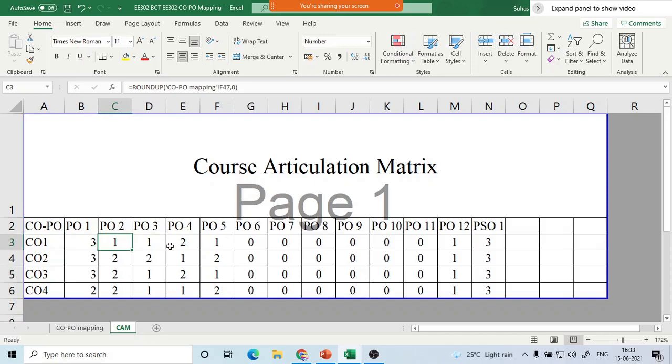Then we can create an entire matrix. This is what is called a course articulation matrix. Once you create this course articulation matrix, you know that my course is more connected to PO1, 2, 3, 4, 5 or so, and not connected to 6, 7, 8, 9.